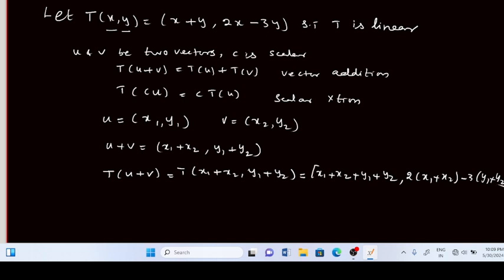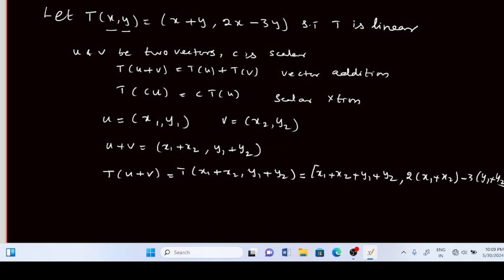So here we should not write the function T. Why? Because we are substituting in the right-hand side of the given function T of (x, y). We separate the elements x1, y1 separately and x2, y2 separately.